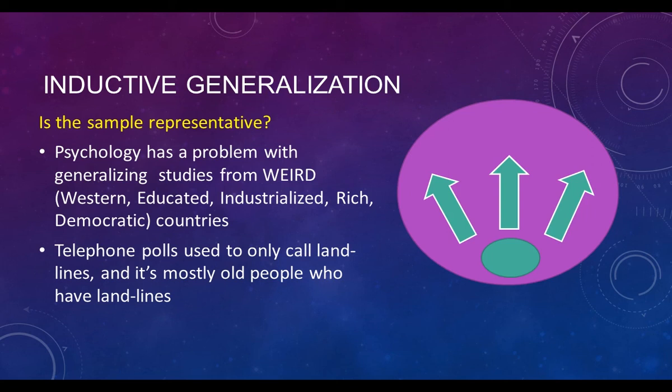So what you got was a statistically unrepresentative sample, mostly old people, and in the current political climate, old people tend to vote more conservative, so the polls would skew conservative. So their sample was unrepresentative, so the generalizations they were making from it were not good ones. They've since started calling people's cell phones, so they solved this by making the sample more representative.